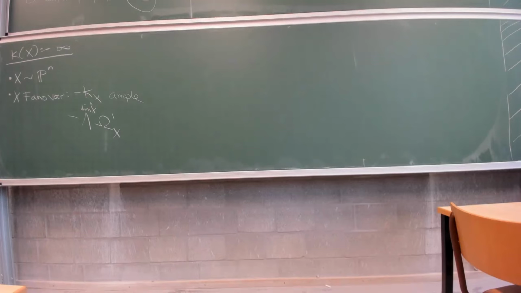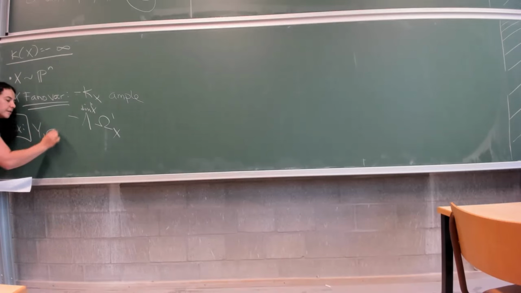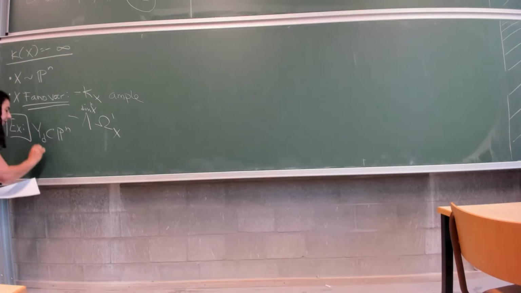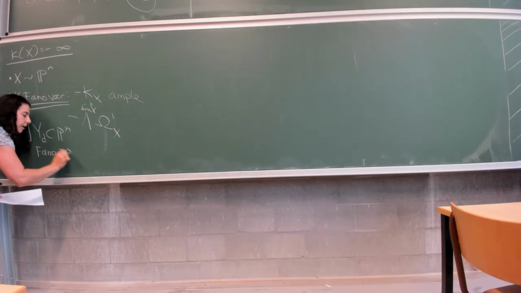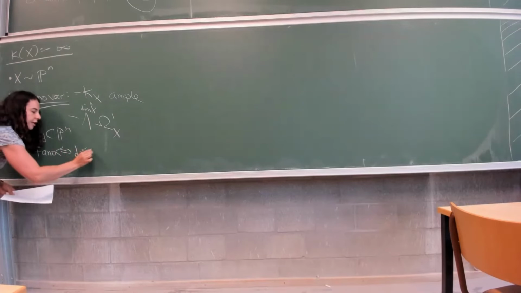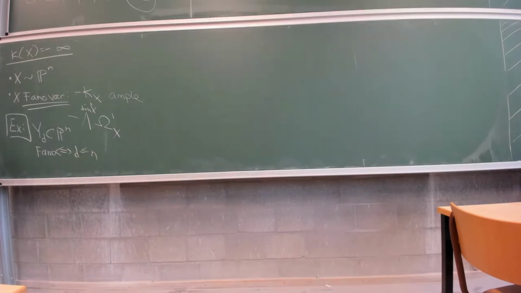Okay, and so an example of such a Fano variety is something like taking a hypersurface inside a projective space of low degree. This is going to be Fano if and only if d is less than or equal to n, the dimension of the space.